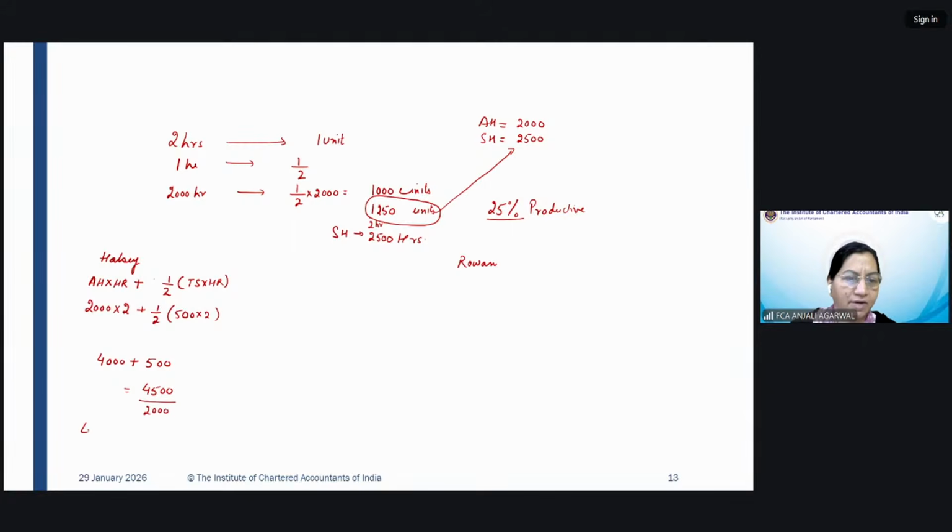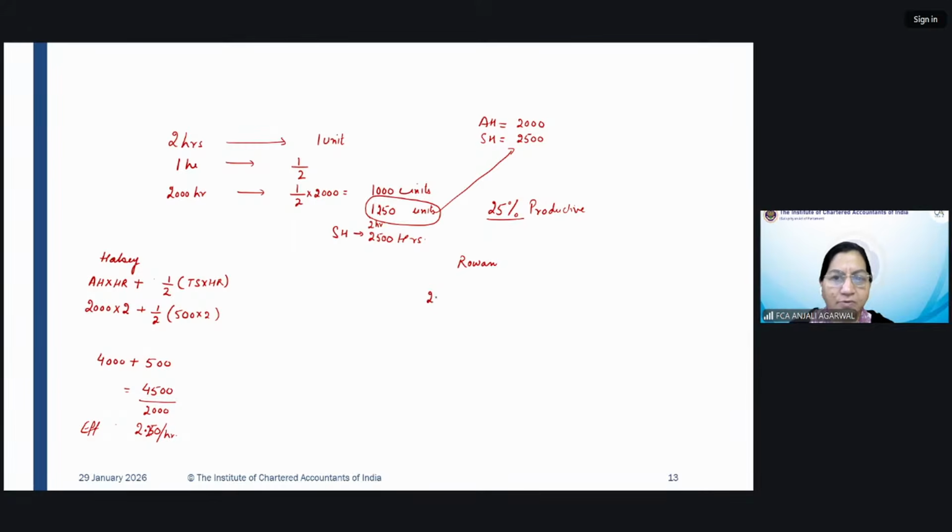And their effective hourly rate would be 2.25, sorry. So instead of 2 rupees per hour, they end up getting 2.25 rupees per hour.